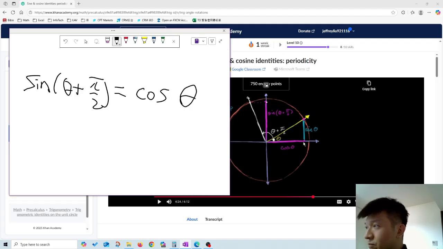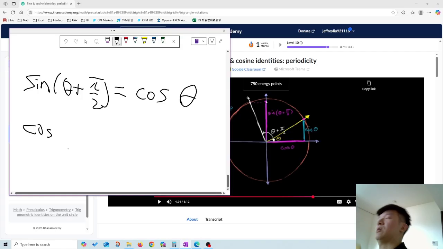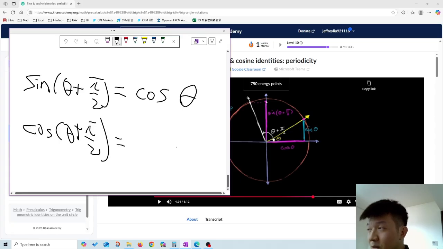And because you move this whole side all the way to here, traveled 90 degrees over to here, right? This as well traveled 90 degrees to the opposite side, which becomes the adjacent side, right? So the adjacent side of this angle equals our original sine, right?